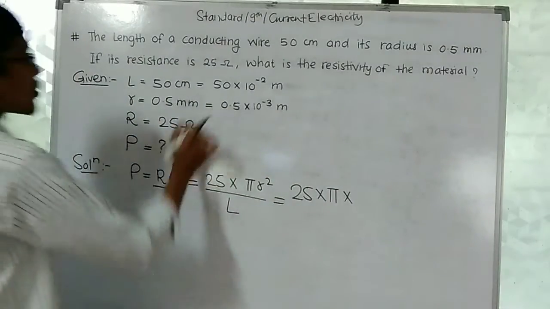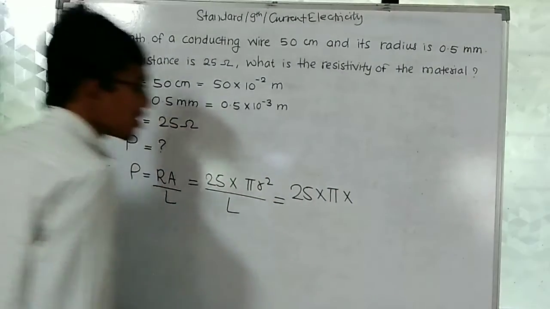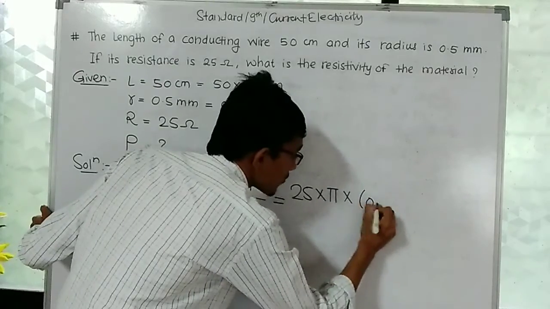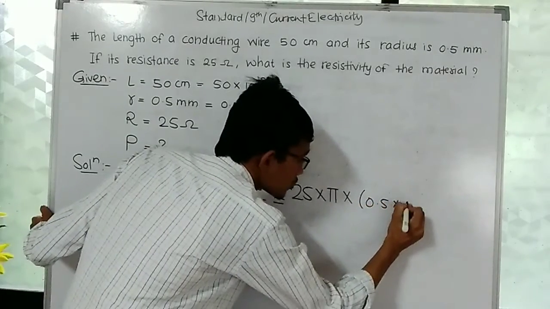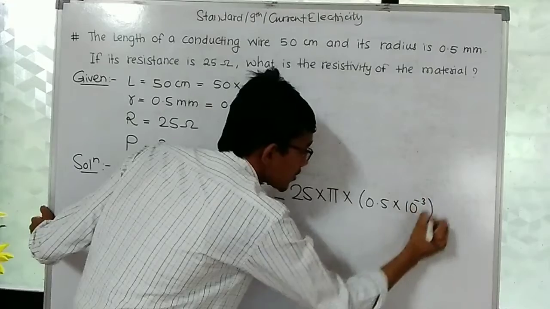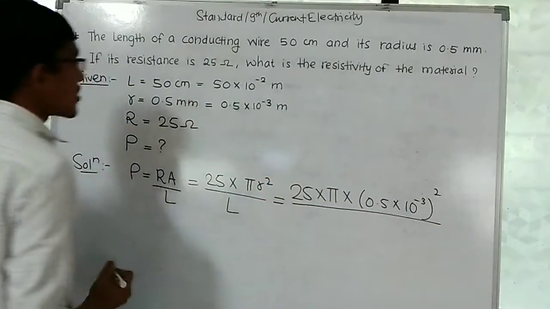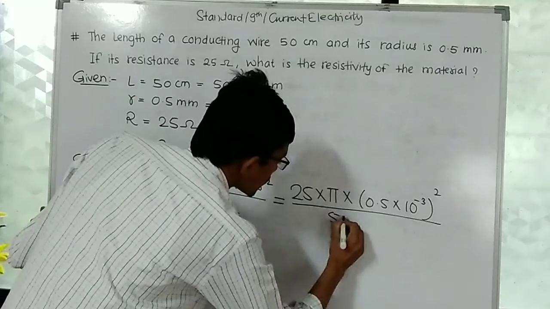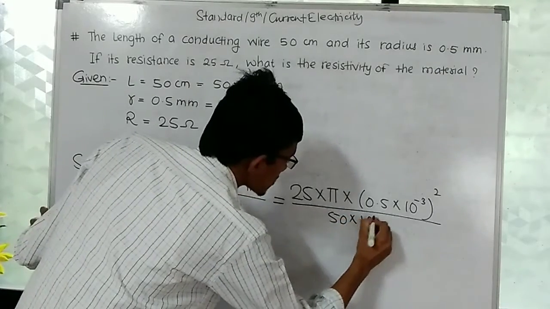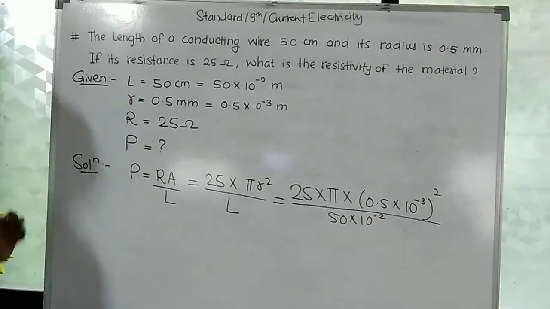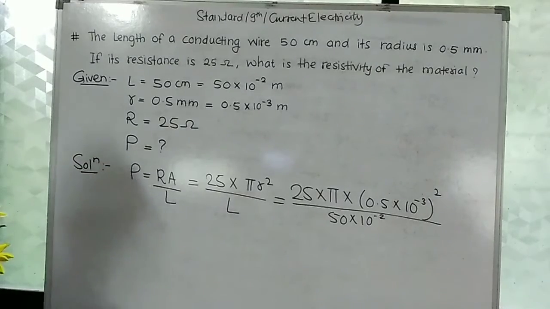What is r? 0.5 into 10 raised to minus 3. So we can write (0.5 into 10 raised to minus 3) square upon length, which is 50 into 10 raised to minus 2. Now we will simplify it further.